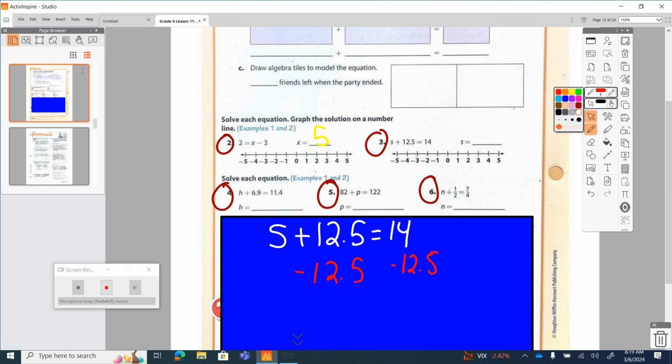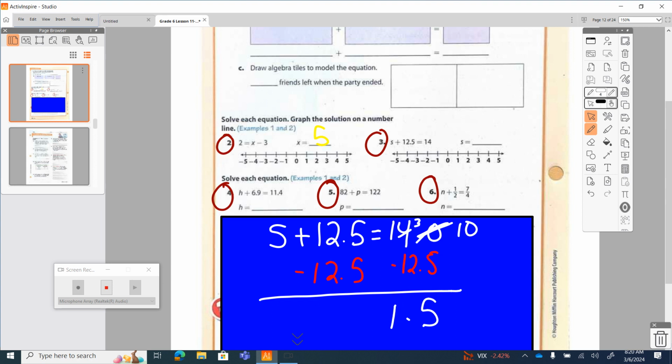And I have to add a 0 here. That 0 is going to become a 10, and that 4 will become a 3. 10 minus 5 is 5. Bring down my decimal. 3 minus 2 is 1. 1 minus 1 is 0. So the answer here is S is 1.5.